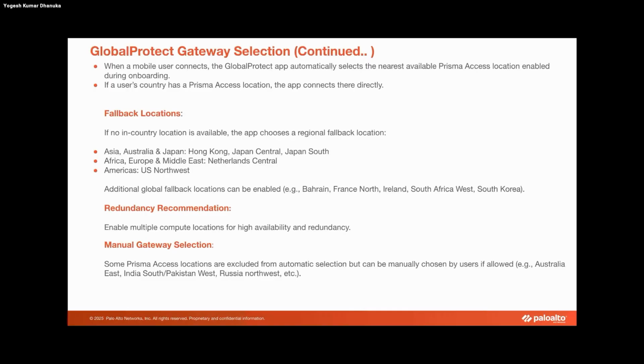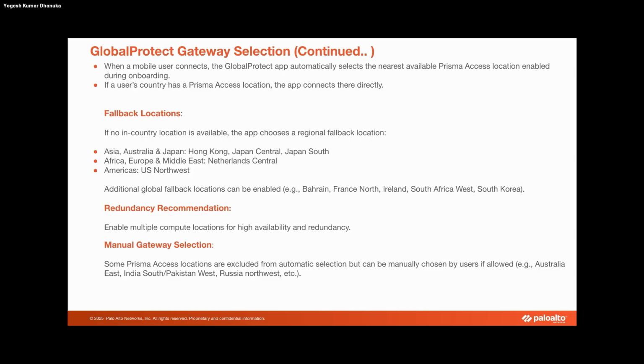The way this works is, let's say, for example, in Asia, you have Hong Kong deployed in your Prisma Access tenant, and then there are some other locations, let's say India, Singapore, Australia. And then for whatever reason, say the user is not able to connect to their in-country gateway, the user will then fall back to Hong Kong, because that will be available to take connections from any of the locations, irrespective of where the user is.